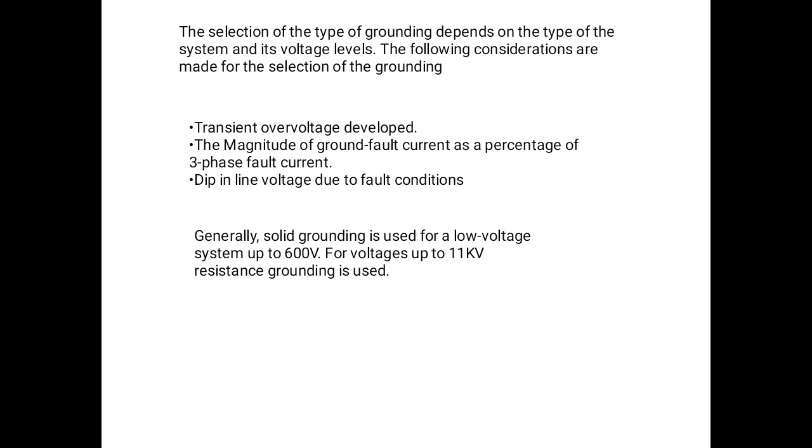Next is the dip in line voltage due to fault conditions. These are the three factors which affect the grounding. Now, generally, solid grounding is used for low voltage systems up to 600 volts. For voltages up to 11 kV, only resistance grounding is used.